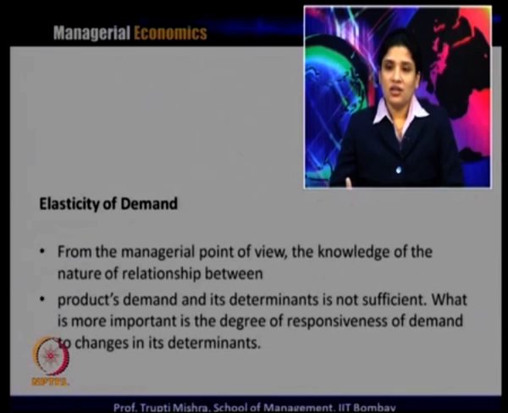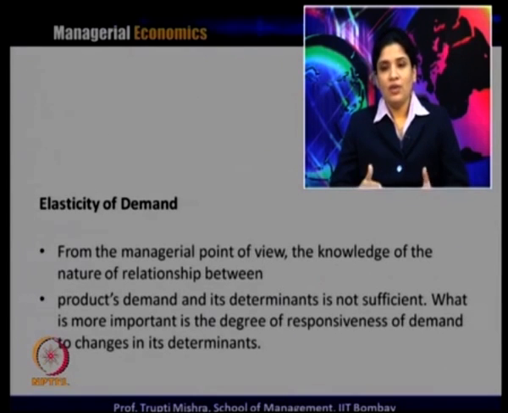In the case of elasticity of demand, we also check the responsiveness of the consumer to the change in price. Suppose the price increases by 2%, what is the exact change in the quantity demanded: is it 2%, less than 2%, or more than 2%? We get to know that through the elasticity of demand.